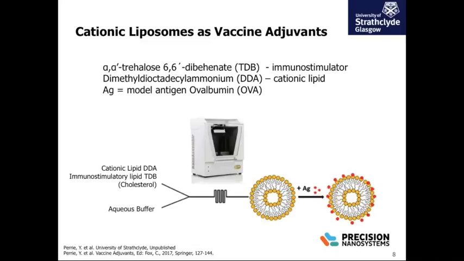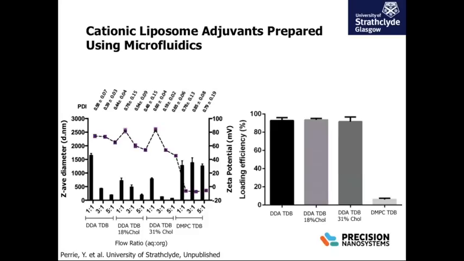And in our next slide here, we see first on the graph on the left-hand side, the different formulations that Yvonne's group prepared. So they had different combinations where they had first only the cationic DDA and the TDB. Then they added different amounts of cholesterol to see how they can prepare liposomes of different size.